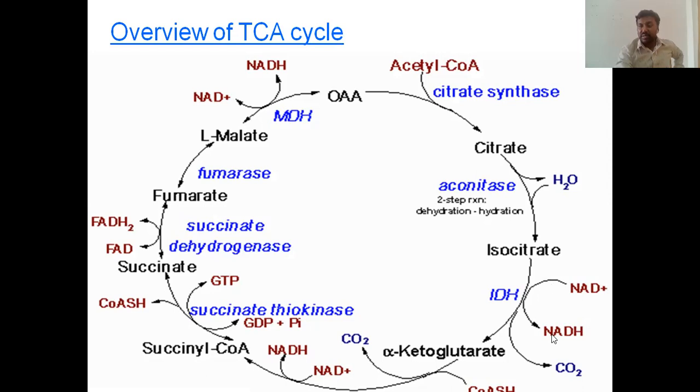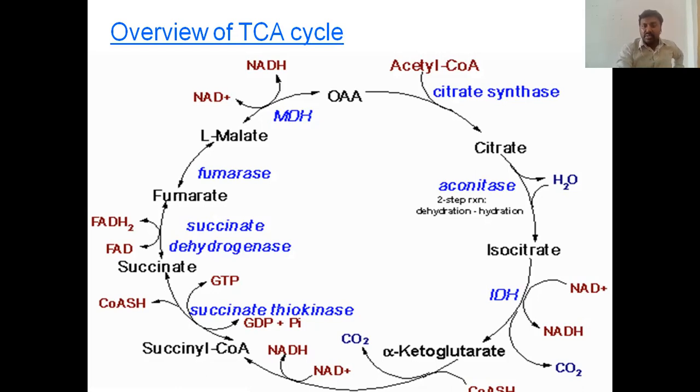That hydrogen forms NADH plus H plus, so NAD plus is converted into NADH plus H plus. Here it also loses carbon dioxide and forms alpha ketoglutarate. This is just a brief overview.